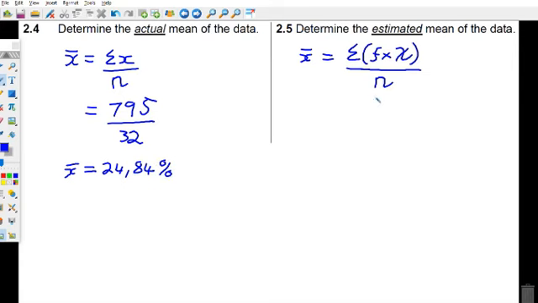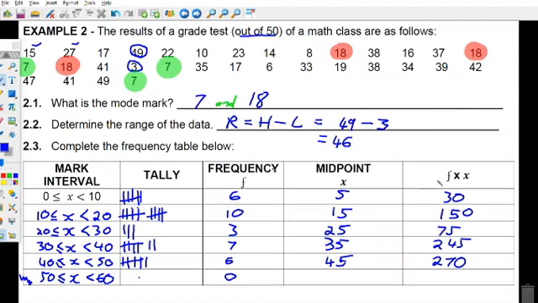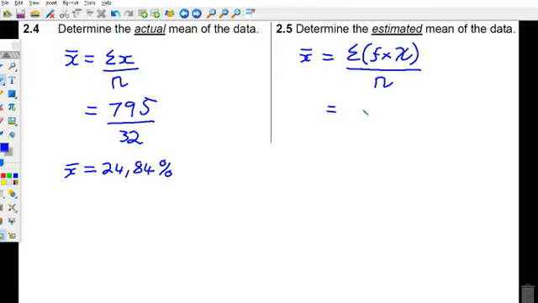Now the estimated mean, we're going to take our points there. F times x, we're going to add up all these points. So 30 plus 150 plus 75 plus 245 plus 270. And we get a total here of 770 divided by the number of points, 32.